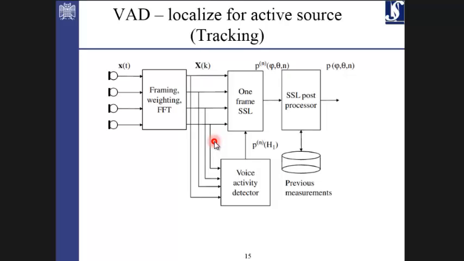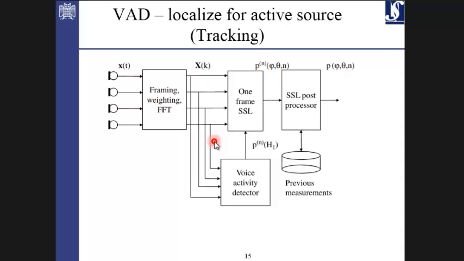One point is that the source we're looking for should be active. If the source is not active, if he's not talking, even if he exists in the environment, what happens to the location of the source?